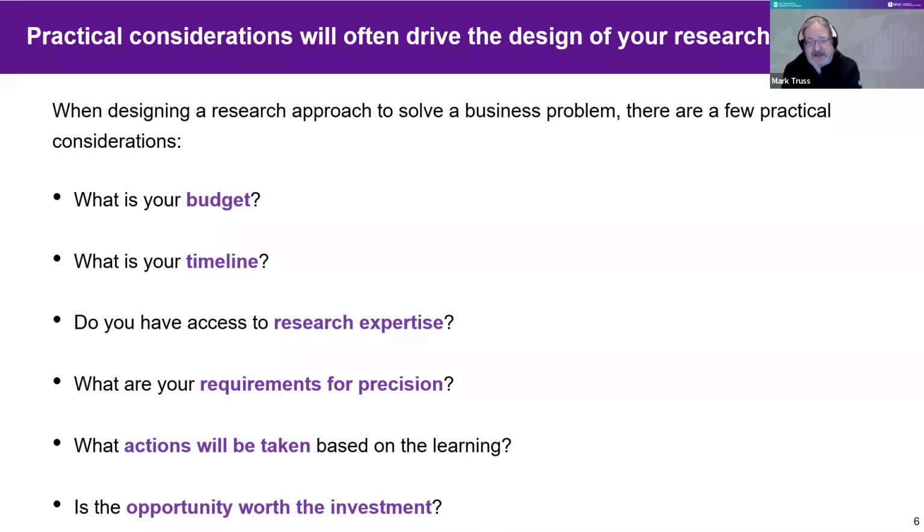What actions are going to be taken on this learning? And then, an obvious question that I don't think we always ask: is the opportunity that we're doing this research for worth the investment, depending on what the budget and the timeline actually is? These are all valid questions to ask when you start any type of data, insight, or research project.